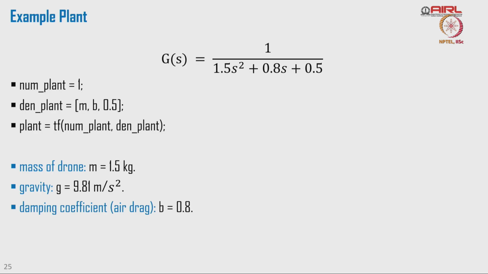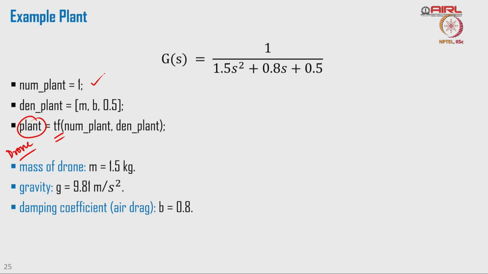We see that it is a drone system, we represent it like this. You have gone through the lectures and MATLAB implementation of transfer function. So, we know that when we have to specify a drone transfer function or plant transfer function, what is the plant here? In our case, the plant is the drone, right.